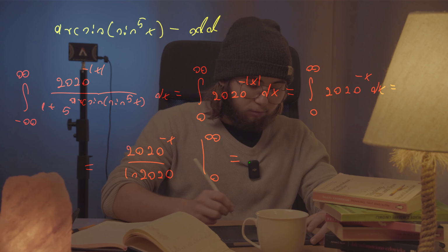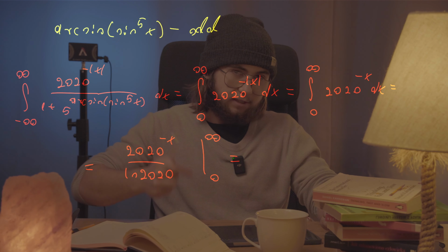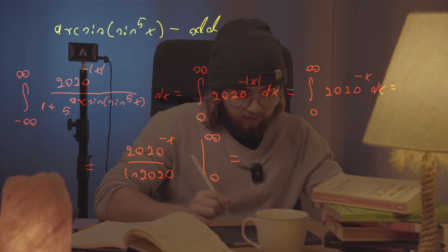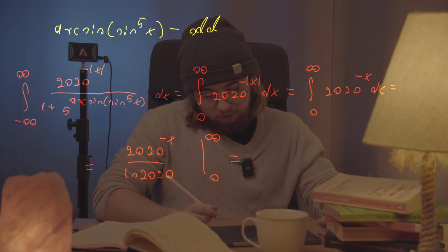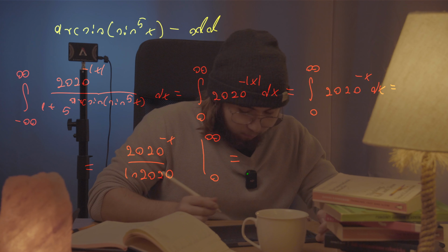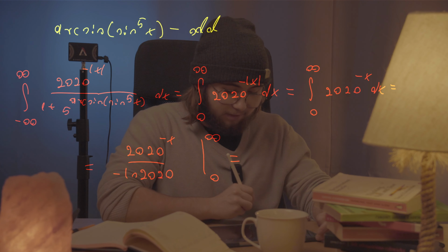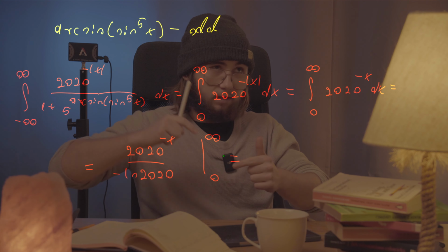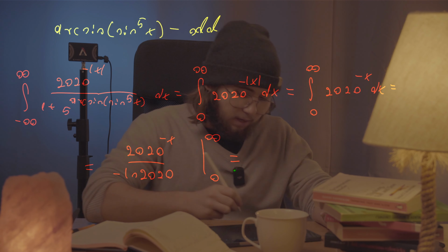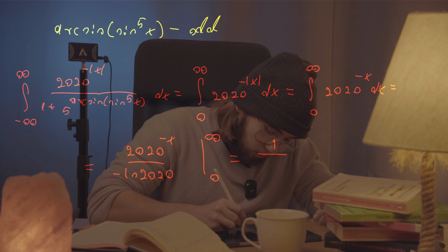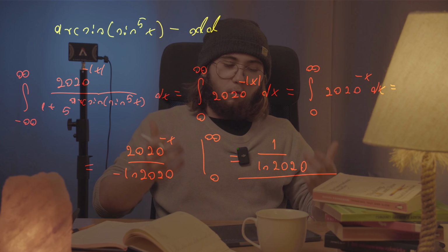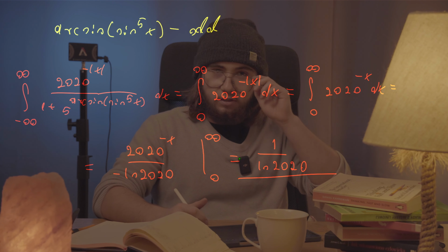Well, we will get 2020 to the power of negative x as x approaches infinity is just going to be dragged down to 0. And when x is equal to 0, I should have put a negative sign there. And so then it's going to be negative 1 over natural log of 2020, and so it's going to be just the reciprocal of the natural log of 2020, and that's exactly what we're supposed to find in this video.